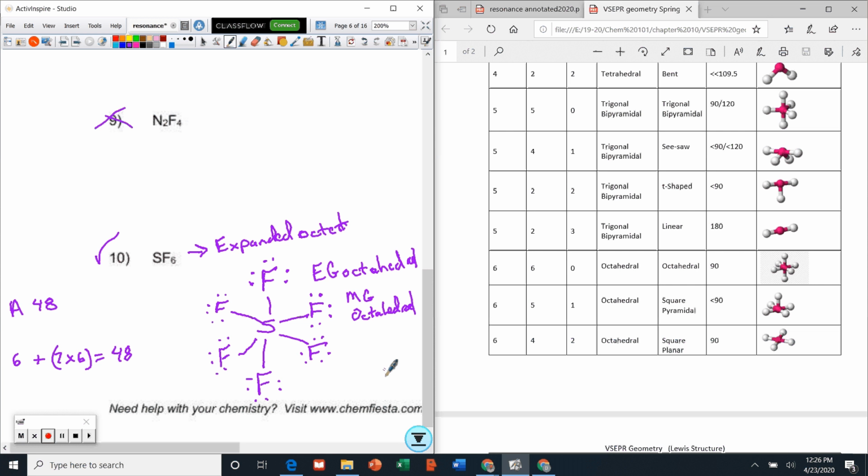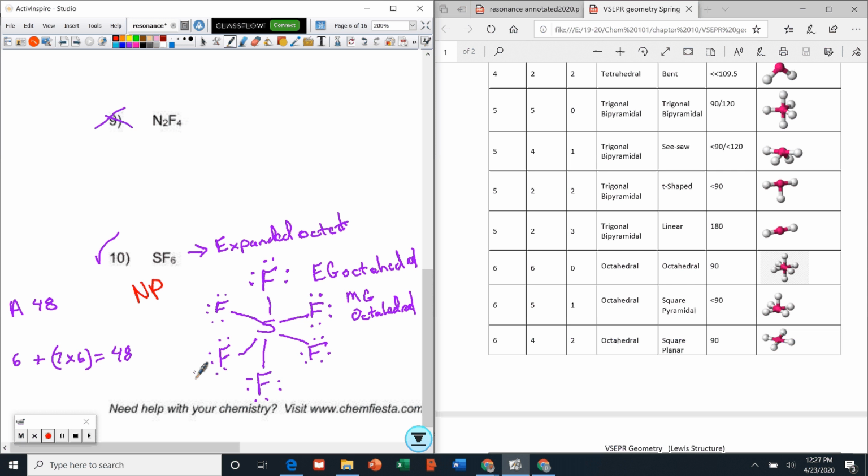And the reason why I wanted to point this one out is talking about polarity. All right. So I'm going to actually show you on this drawing. Do you see how nice and symmetrical this drawing looks? And same thing with this one, how it's the same thing all the way around it. So that's going to make this one non-polar. All right. So in general, symmetry, if it has the same thing all the way around it, or if it's a balanced structure, it's going to be non-polar.